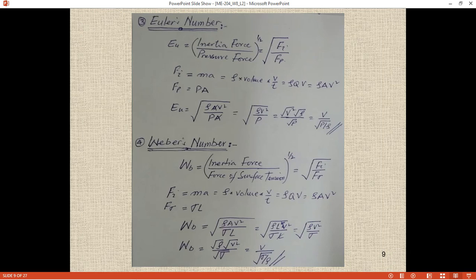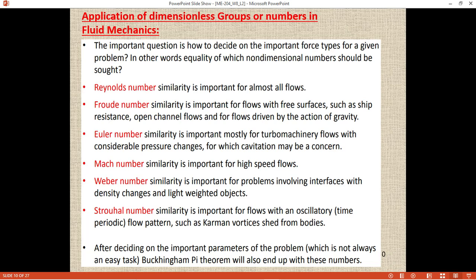So here is the derivation of some of the numbers, to verify that these numbers are basically combinations of different types of forces. Let's see where we normally use those numbers. We cannot use these numbers in all problems; they are used in specific problems.